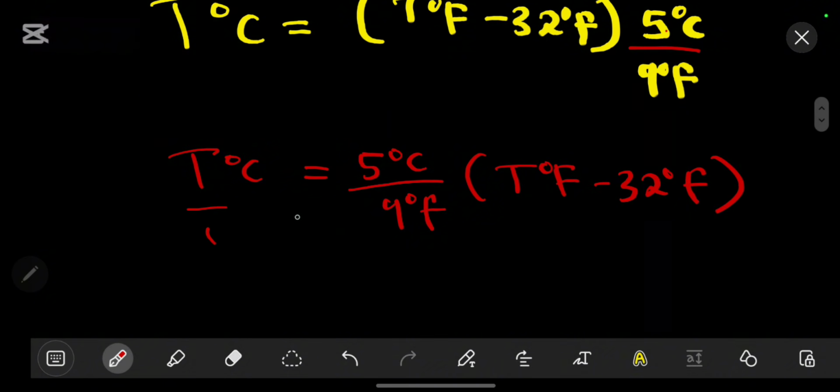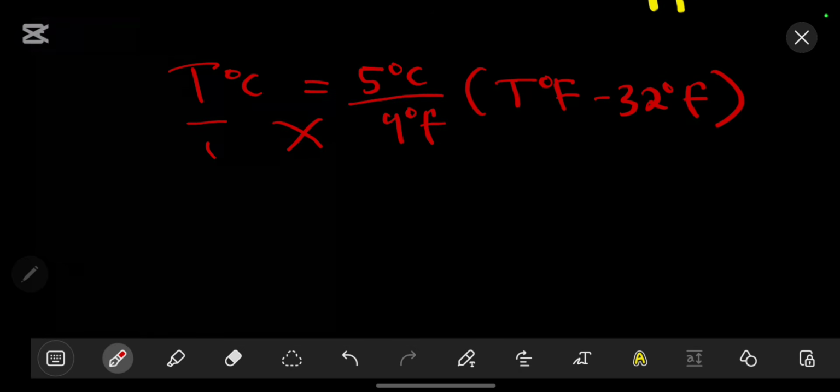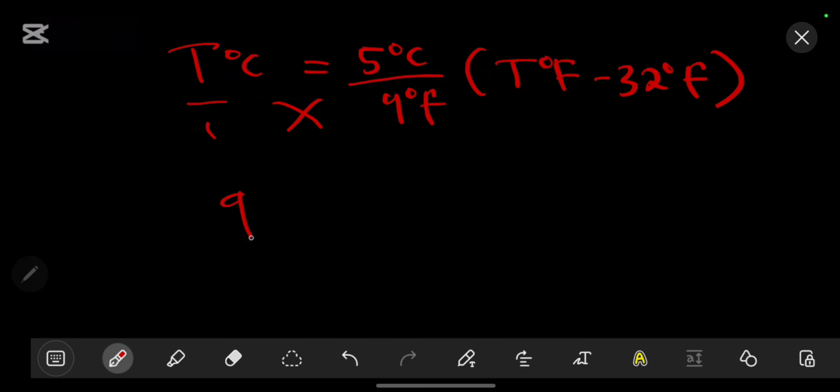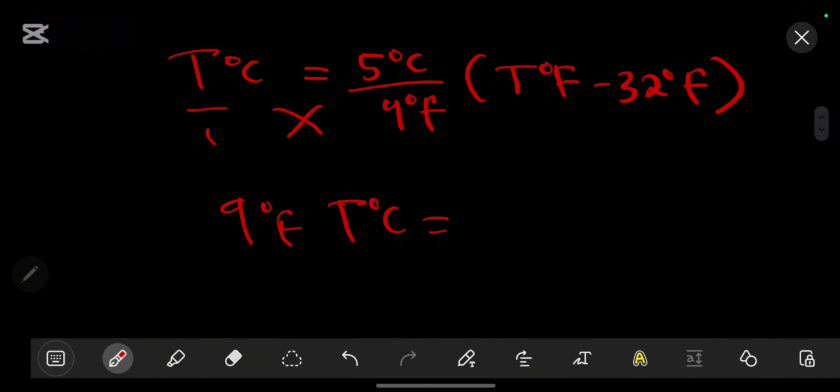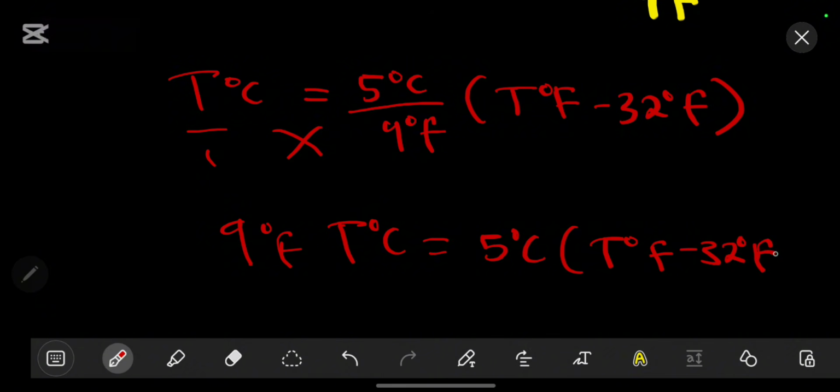From here, we are going to cross multiply. When we cross multiply, this 9 multiplies that. So we are going to have 9 degrees Fahrenheit times the temperature in degrees Celsius should be equal to 5 degrees Celsius times the temperature in degrees Fahrenheit minus 32 degrees Fahrenheit.